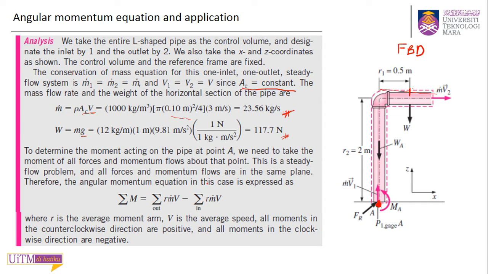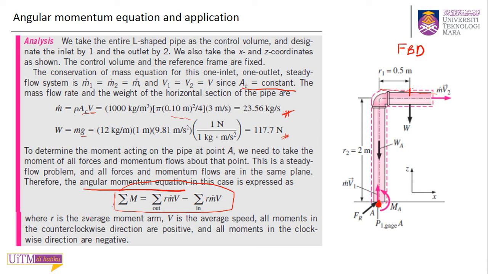This is a steady flow problem, and all forces and momentum flows are in the same plane. Therefore, the angular momentum equation in this case is expressed as the summation of moment equals the outgoing R times m dot times V, minus the incoming R times m dot times V. This is the equation we learned at the beginning, so remember out minus in.